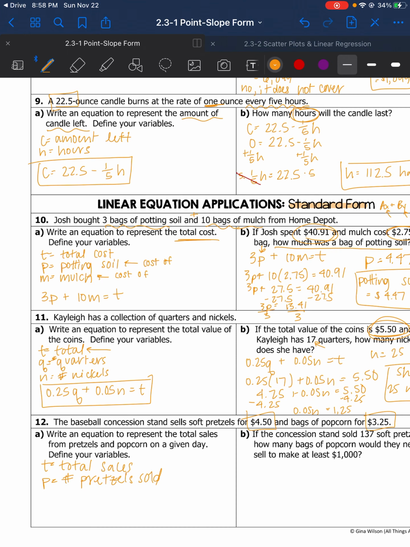Soft pretzels, so let's use S. We'll say S is the number of soft pretzels sold, and P is the number of popcorn bags sold.